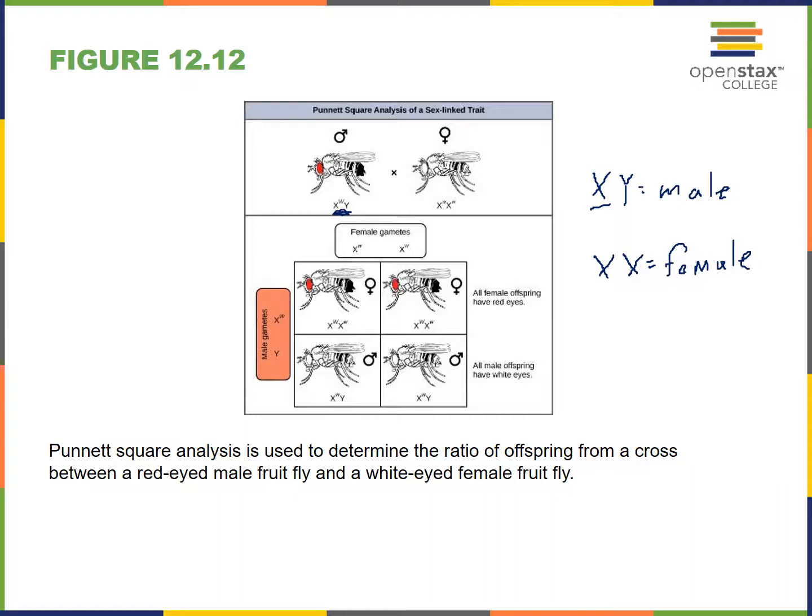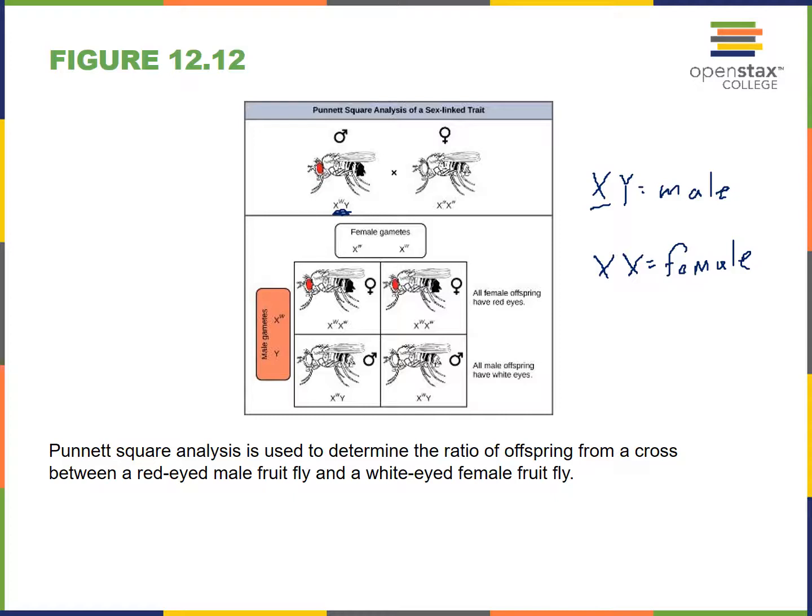So in this sex-linked problem, they're looking at the eye color of flies. The wild type, the trait that you see in the wild most often.